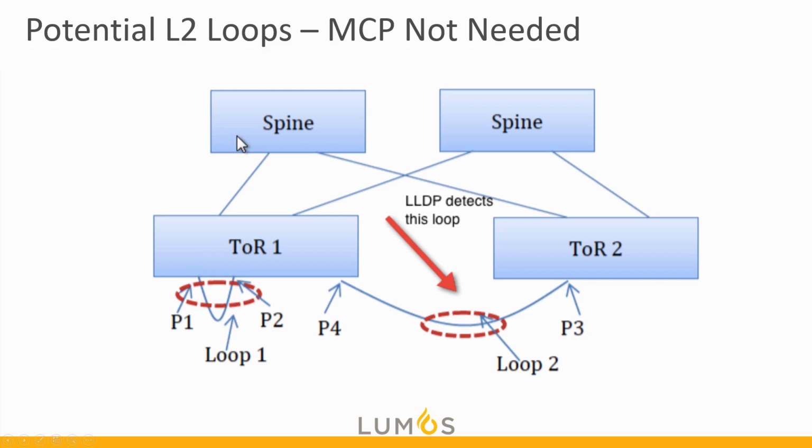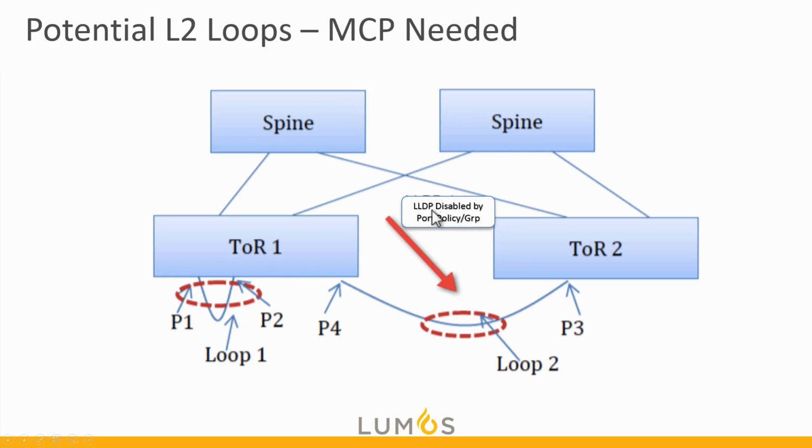Essentially, we're using LLDP, the link layer discovery protocol, with ACI specific type link values in them to detect if a spine's connected to a spine, if a leaf is connected to a leaf, or even to itself. And LLDP detects this, and so there's really no need for any sort of MCP. Okay? LLDP detects it. The fabric knows if it sees itself or another leaf switch, or another spine if it's a spine, to go ahead and disable that link.